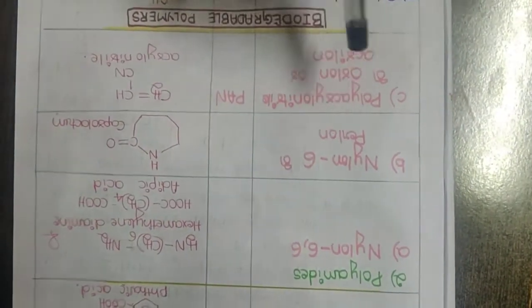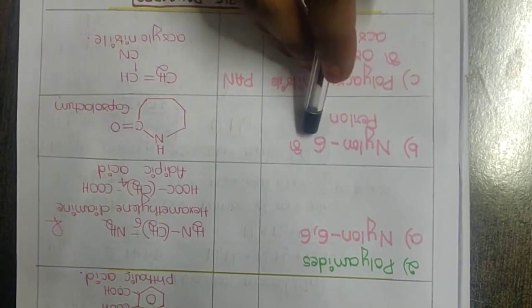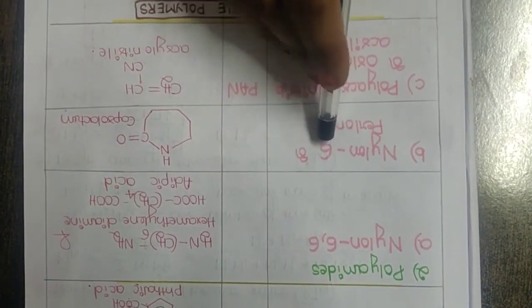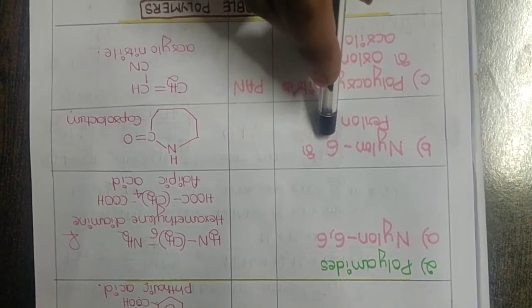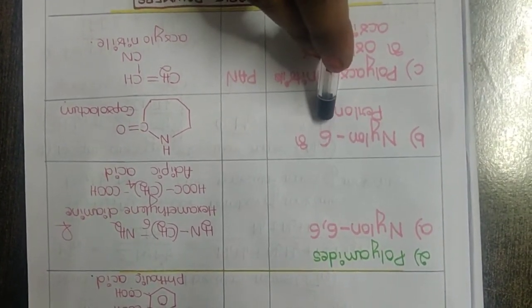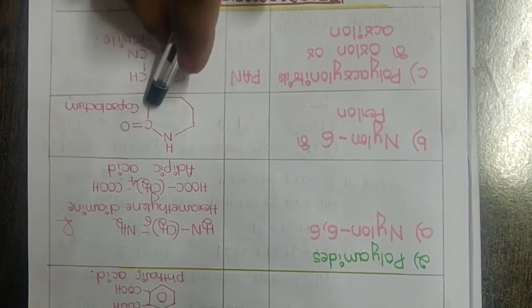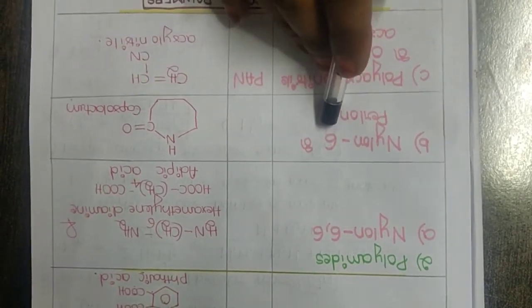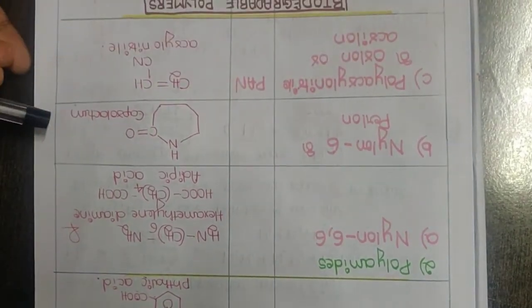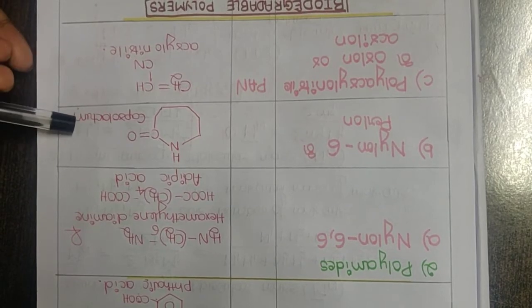So the next polyamide is nylon 6. Here I have only one 6 number. That means I can take only 1 monomer which should have a total of how many carbons? 6 carbon atoms. So here the monomer name is caprolactam.